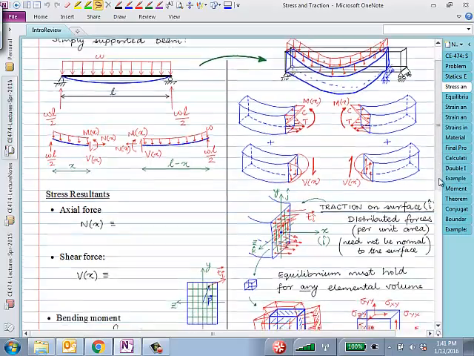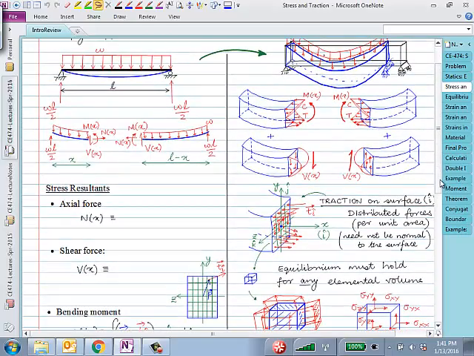so let's try to understand when we say things like axial force, shear force, or bending moment, where do they really come from? I just told you that tractions look something like this, like a complicated bunch of arrows, distributed forces that could be normal or that may be pointing in a tangential shear direction.